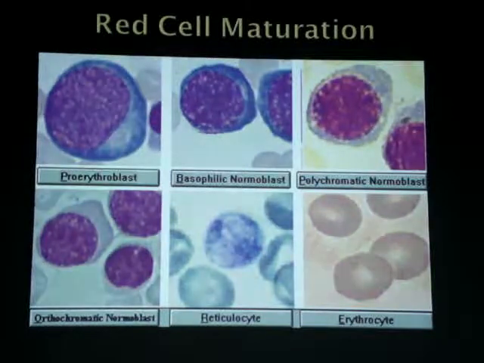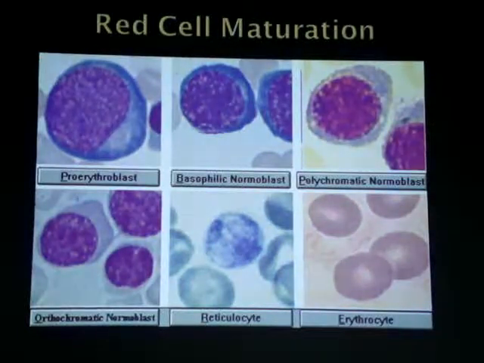Now, what are the identifying features? You will be made to identify this in your slides later. What are the identifying features of a pro-erythroblast? Pro-erythroblast is the largest cell in the erythroid lineage.